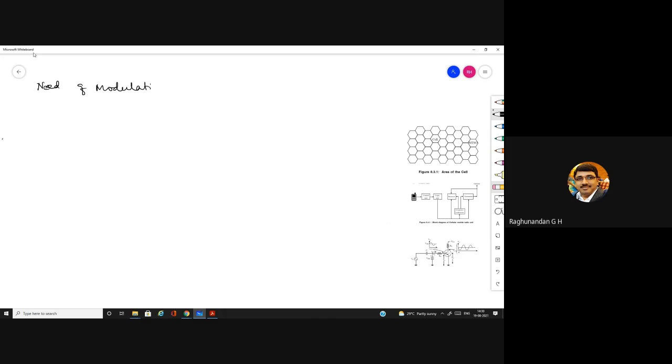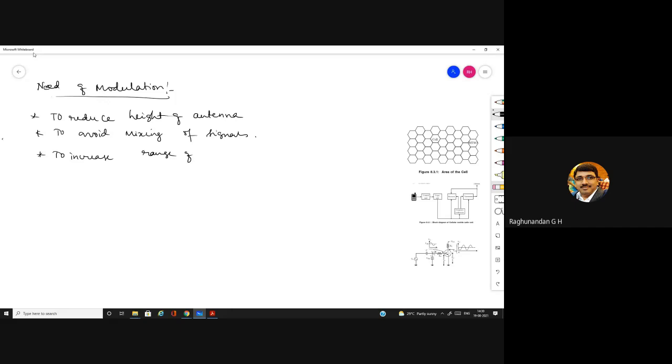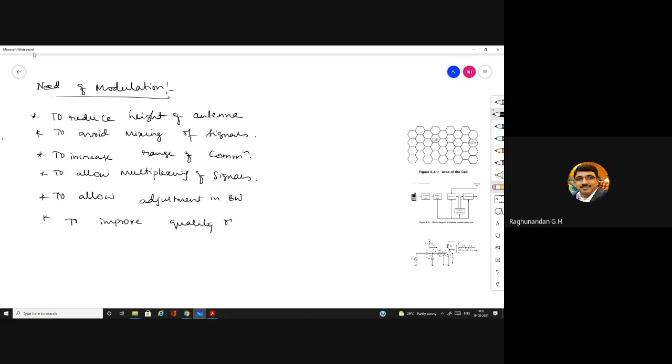Why do we need modulation? For need of modulation, we mainly have 5 points: to reduce the height of the antenna, to avoid mixing of signals, to increase the range of communication, to allow multiplexing of signals, to allow adjustment in bandwidth, and to improve the quality of reception.